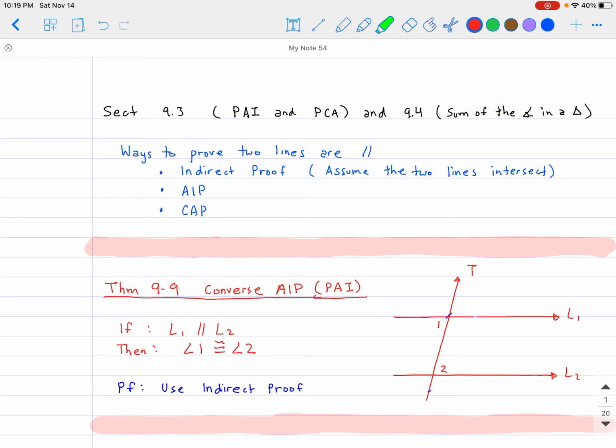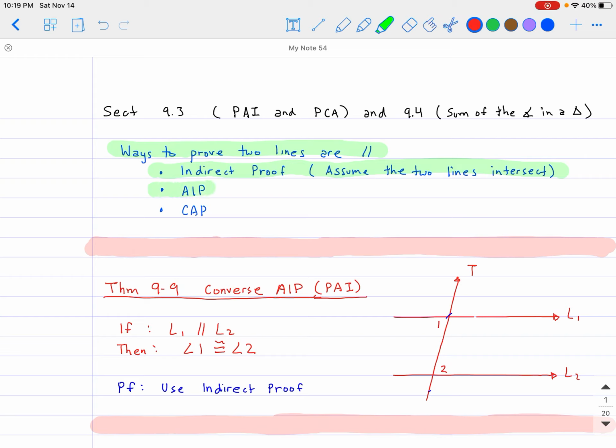So I just want to quickly reiterate, as of right now, the only ways that we have to prove that two lines are parallel to each other are one of three methods. This is something that you might want to consider when you do a proof in your homework. Either one, you can do an indirect proof, which means that you assume the two lines are going to intersect each other, and you're going to get some sort of triangle that most likely does not make any sense.